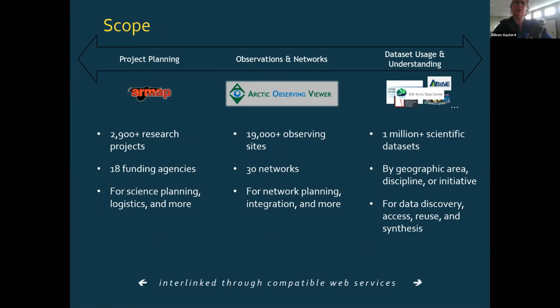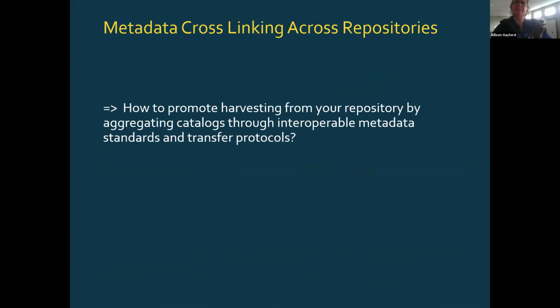So our work kicks off when an award is actually funded. Through our map, we've got almost 3,000 research projects, largely funded by NSF but also other IARPC agencies, and close to 20,000 observing sites that are part of the Arctic Observing Network. And then we link out to the archives for the data.